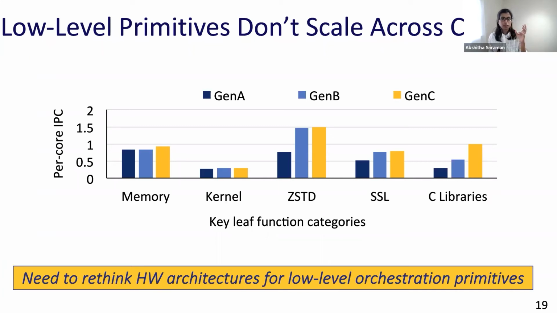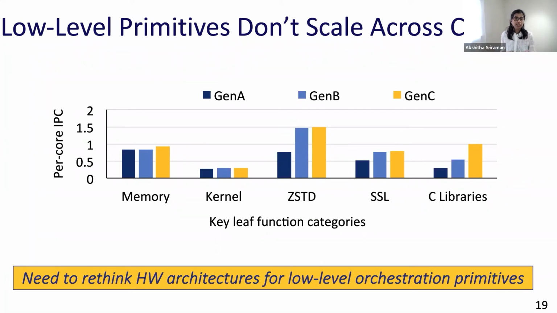Unfortunately, I'm not able to divulge more information about the SKU for each of these processor types. So to run the microservices that we were studying, from the x-axis on this graph, which is the per core IPC, we see that the per core IPC actually does not scale well for some of these lower level operations, like say memory copies across these different successive CPU generations.